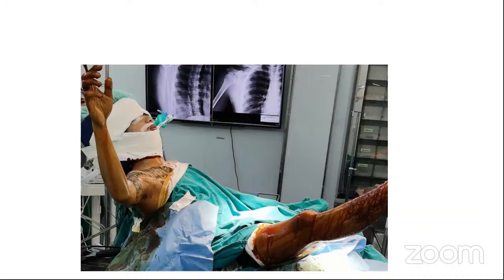You take a flake of bone with the subscap, and that allows you to flip the whole subscap to the other side, especially if one is doing a primary total shoulder replacement or a reverse shoulder. You need that exposure because the humerus will need to be in maximal external rotation while you are putting in your stem. You don't want to cause more trouble, especially if one has to use cement.